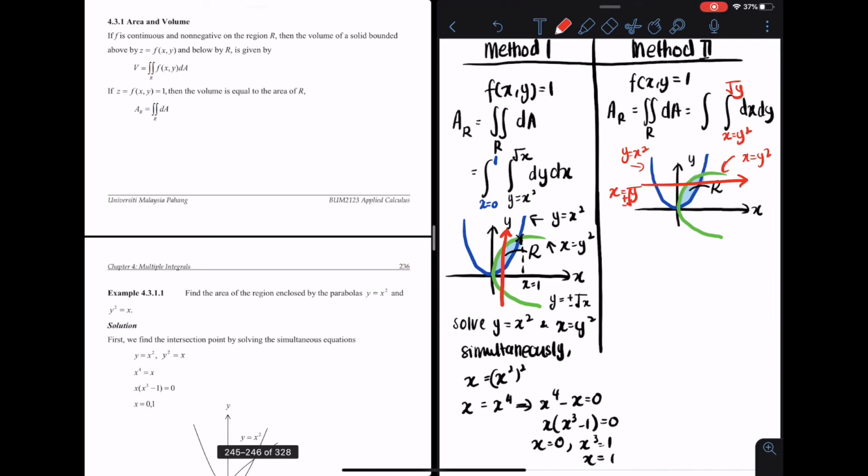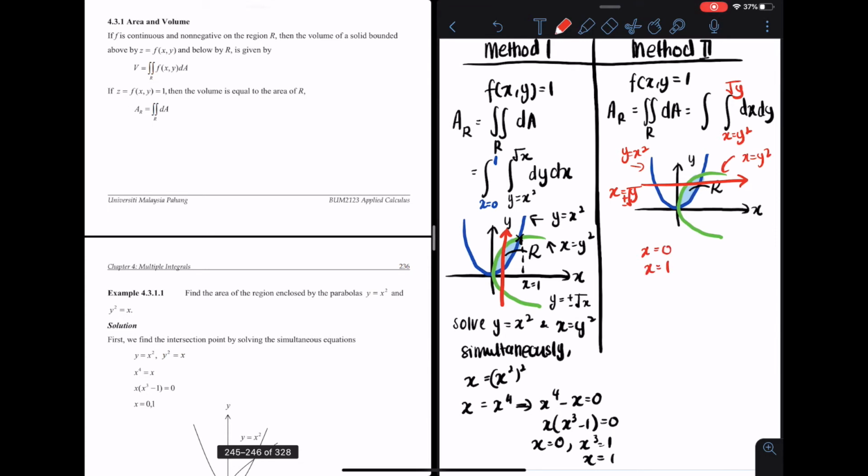Therefore, what should I do right after this? I have to determine limit with respect to variable y. So right now, by using the first method, since we are able to solve the equation simultaneously to determine the point of intersection, we know that it will intersect at x equal to 0 and at x equal to 1.